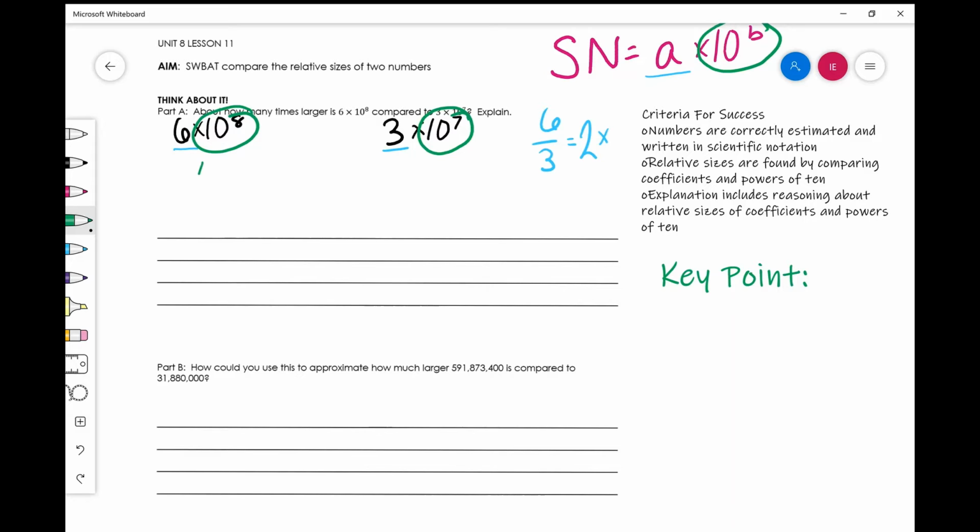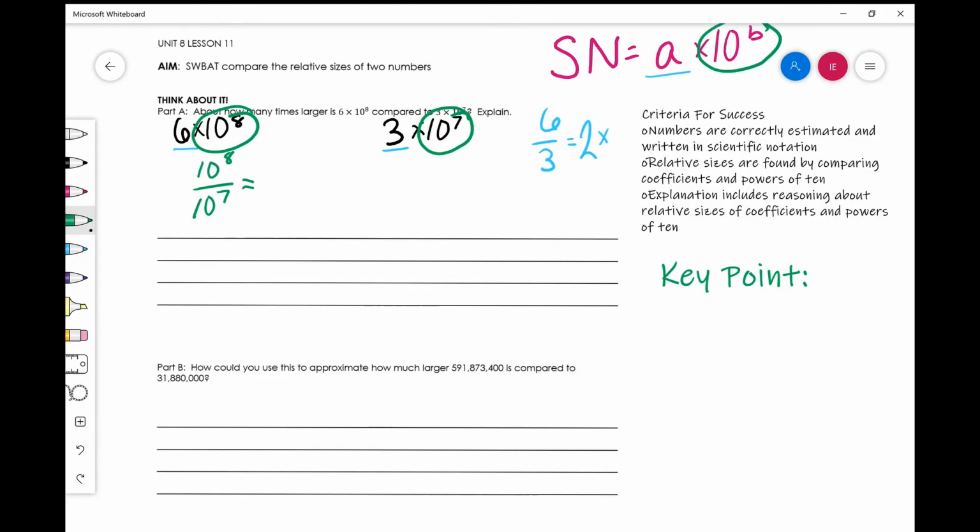If I have 10 to the 8th in comparison to 10 to the 7th, how much bigger is 10 to the 8th than 10 to the 7th? As you can see, I've set up our comparison of 10 to the 8th and 10 to the 7th as division.